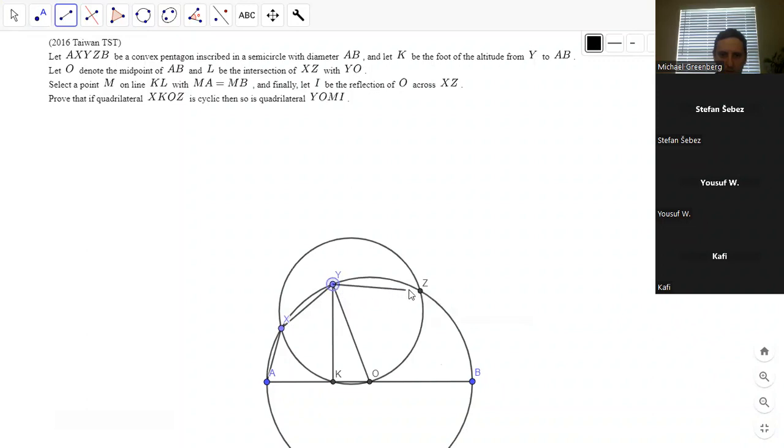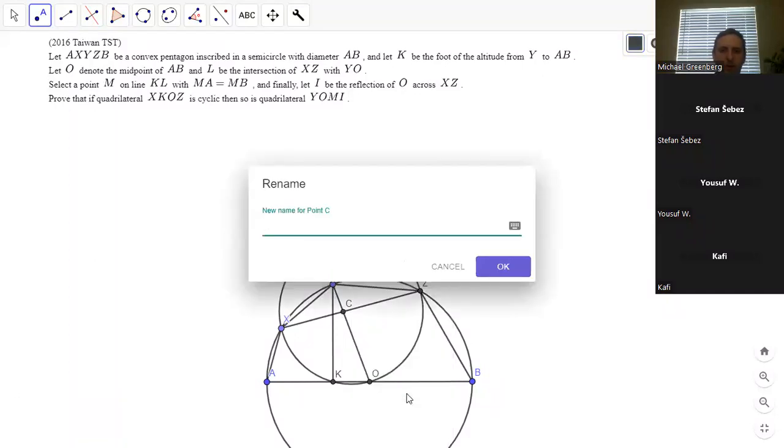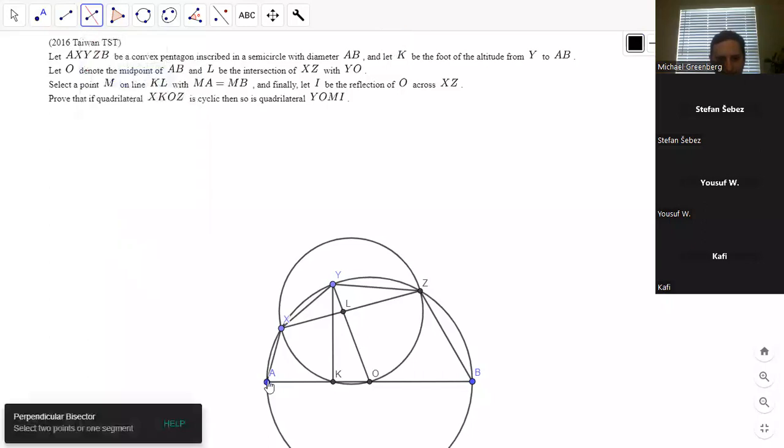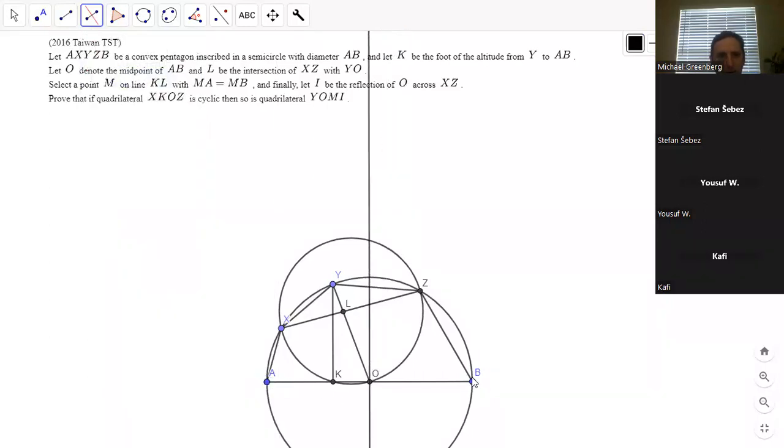Actually, I probably could have just gone into the algebra and redefined stuff, but it's okay. So L is the intersection of XZ with YO, and then M is on this perpendicular bisector. And then we draw KL.